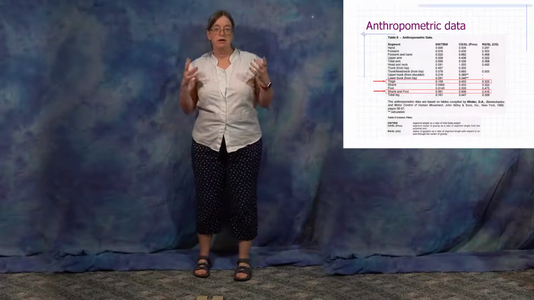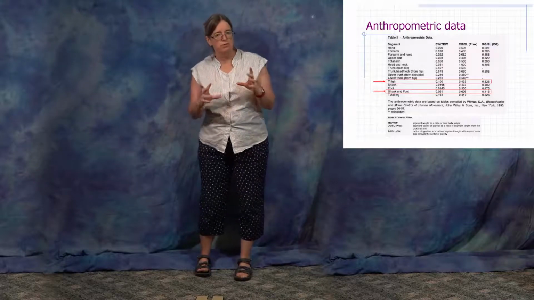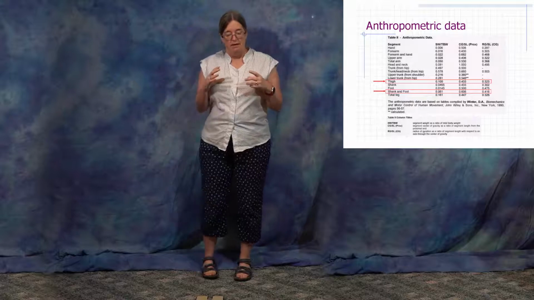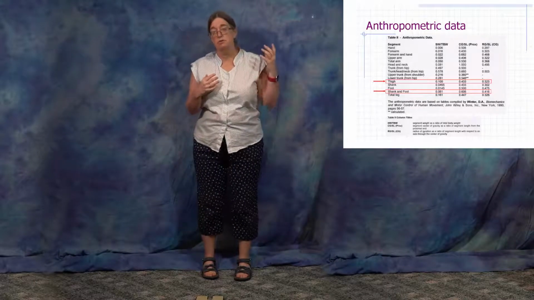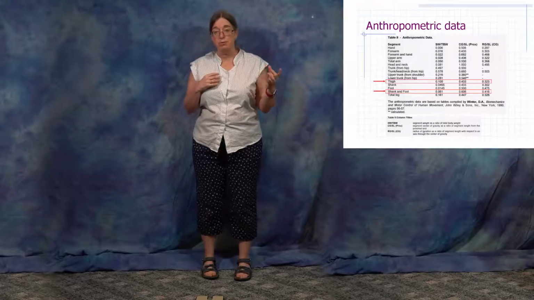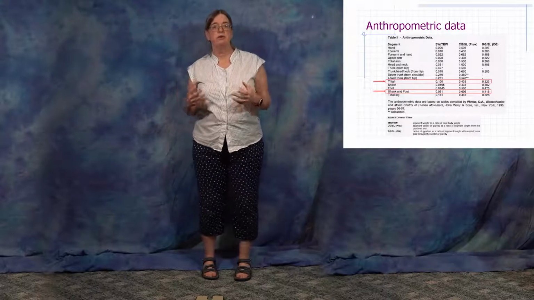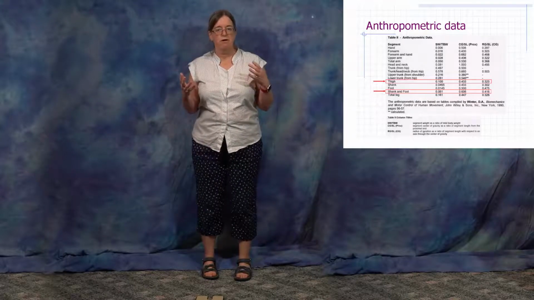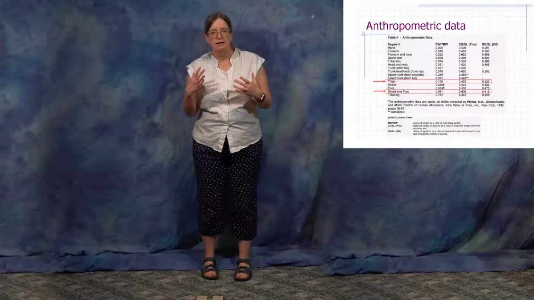What you see here is one of those anthropometric tables. And there are various ones out there. Some take into account a few more things than others, so some might include separate ones for males and females. We certainly know that although these are median values for the population, different people are made up differently.